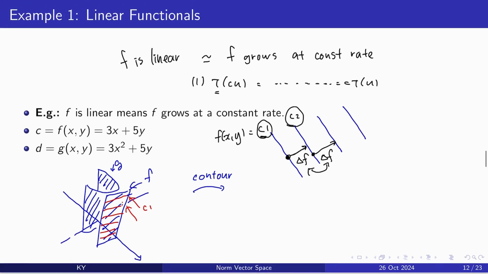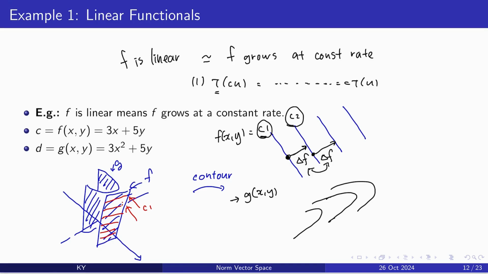Now, what kind of example can we think about if a function is not linear? Well, that applies to the function g. If you look at its contour, it's going to look like this. We have different levels of heights.